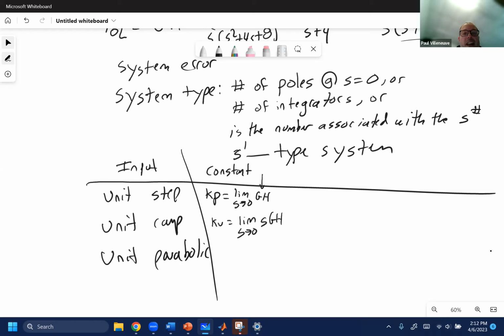So the derivative of K sub P is K sub V, and that's how I get my velocity constant. Lastly, I have my acceleration constant, which again is taking the limit as S approaches 0. Now I have to take the second derivative of my position constant to get the acceleration, or I multiply it by S, and then I end up with that value. Okay.